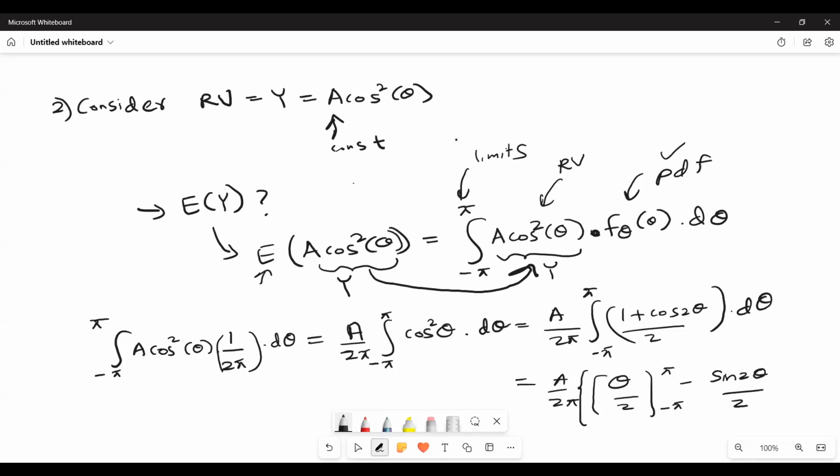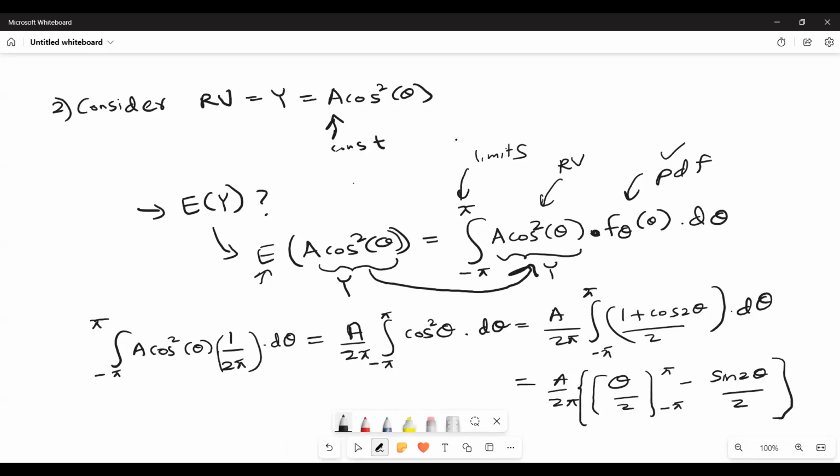And then I will again have another 2 in here, so I will put that in here as well. So I think sine 2 theta over 2 is the one that is remaining here.